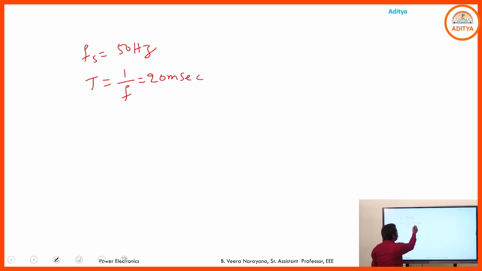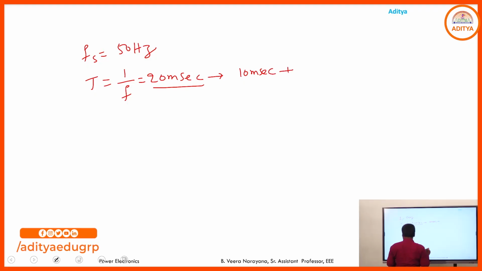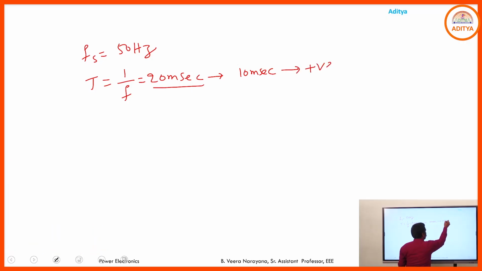Out of this 20 milliseconds, 10 milliseconds is the positive half cycle and 10 milliseconds is the negative half cycle.